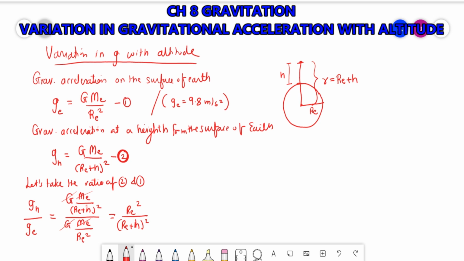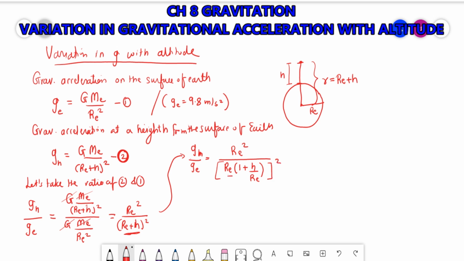Carrying it forward, Gh upon GE is equal to RE square upon RE plus h whole square. Now I can take RE common: RE times 1 plus h by RE.